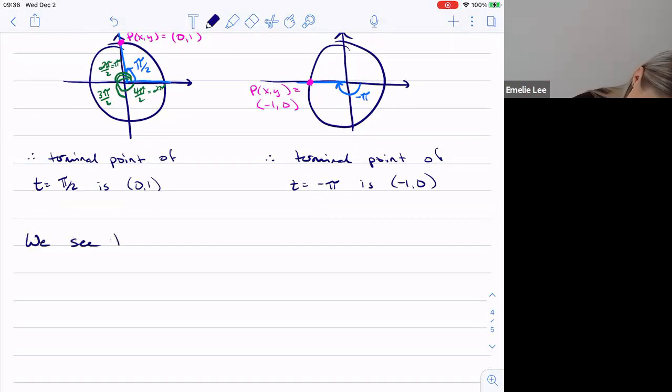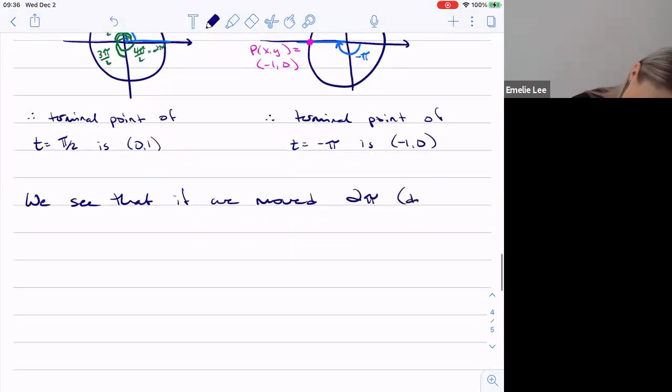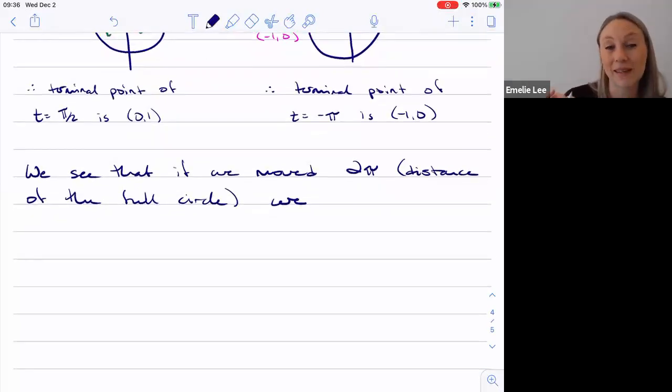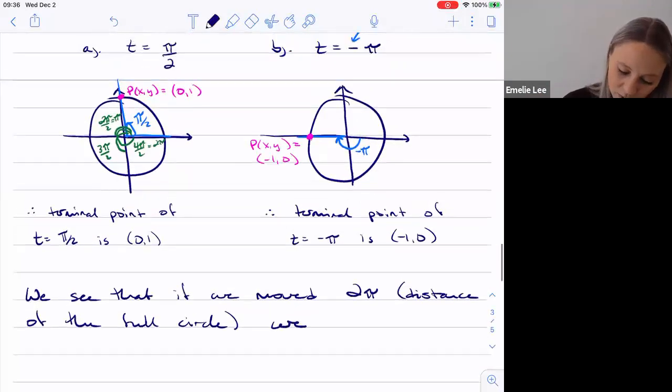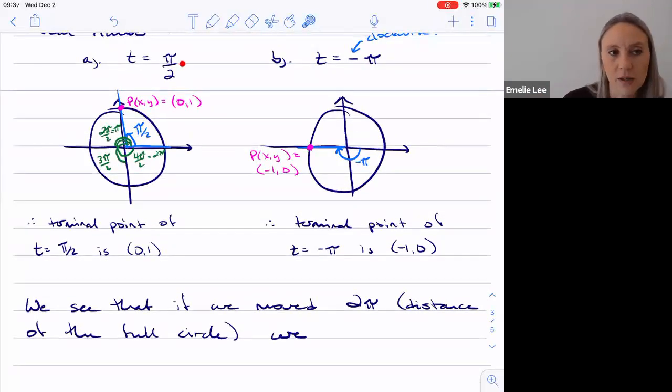We see that if we moved 2 pi, which is the distance of the full circle, we would end up at the same terminal point as each of these points. It doesn't matter if you started at pi over 2.